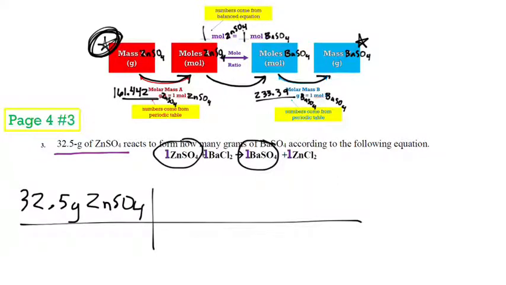And then you're going to do one last step with this molar mass, so that hopefully by the end we have our grams of BaSO4 that it was looking for up on top. That's what we want to end up with. So we want grams BaSO4 up on top at the end.